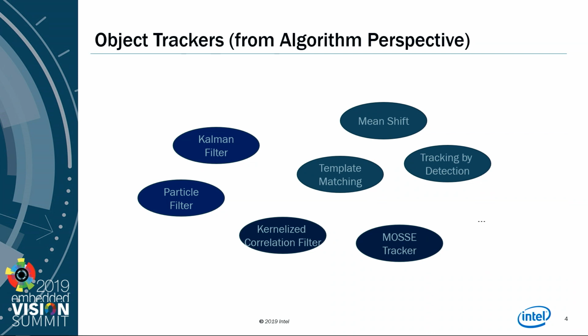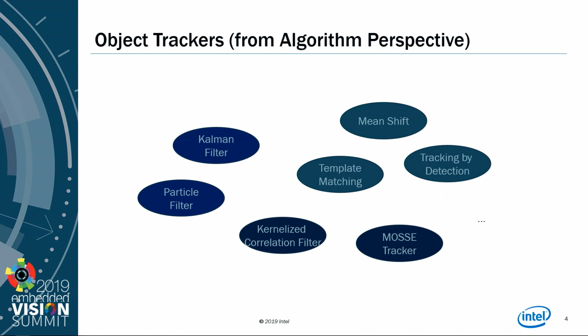So before jumping into the main agenda, I want to briefly describe what kind of object trackers exist from algorithm perspective. So when we say object trackers, there are actually many possible implementations. So for example, maybe we can use some point-based methods like a particle filter or Kalman filter, or maybe we can use some patch-based method like template matching or mean shift or tracking by detection method, or maybe we can use more recent and advanced trackers based on kernel-based methods like the kernelized correlation filter or MOSSE filters.